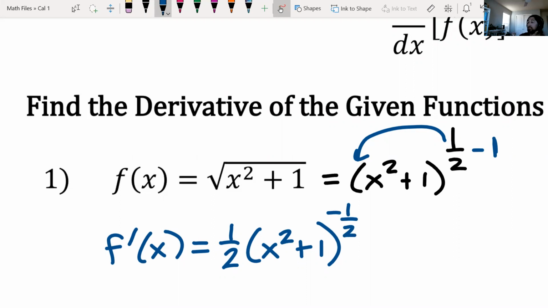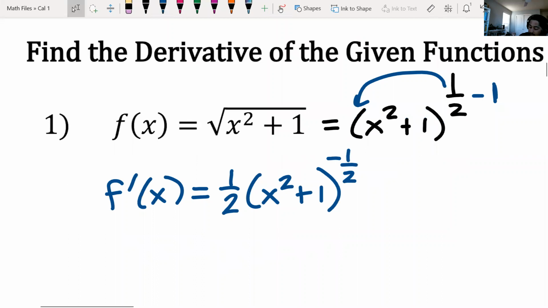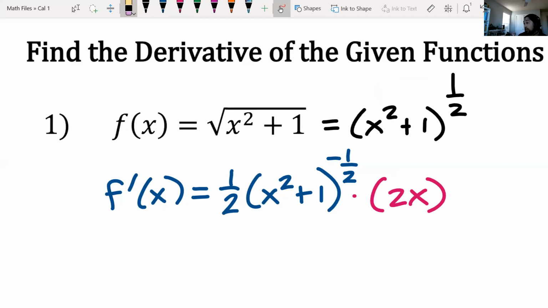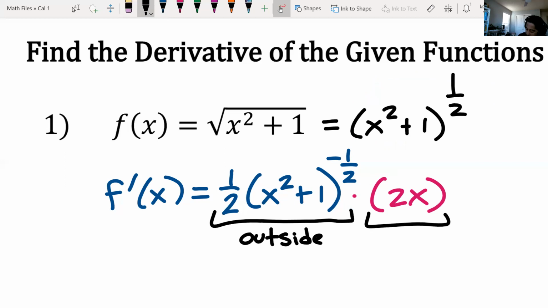Now, this is just the derivative of the outside. What we're going to do next is multiply it by the derivative of the inside function. So the derivative of the inside is going to be just 2x. Okay. Any questions on that so far? So all of that was the outside, and this was the derivative of the inside.